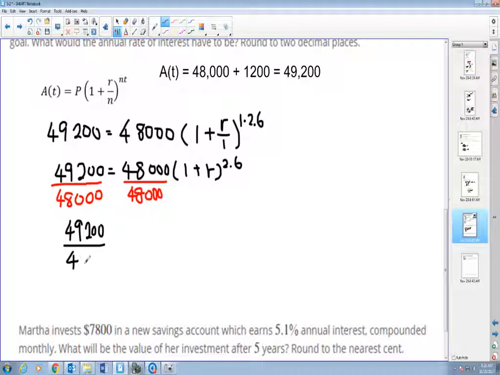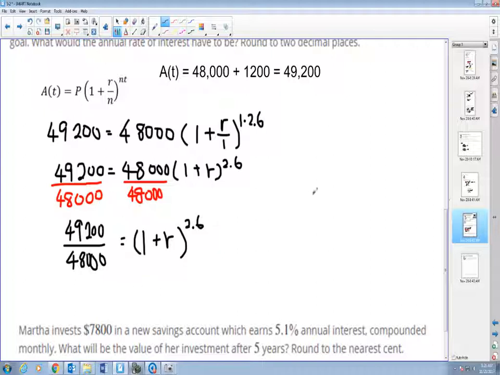All right, so this side will look like this. The 48,000 canceled out, so that leaves me with 1 plus r to the 2.6 power. To get rid of the 2.6 power, I'm supposed to take a 2.6 root on both sides.